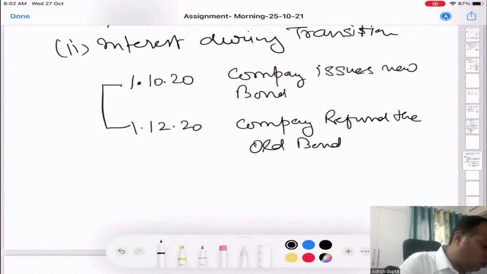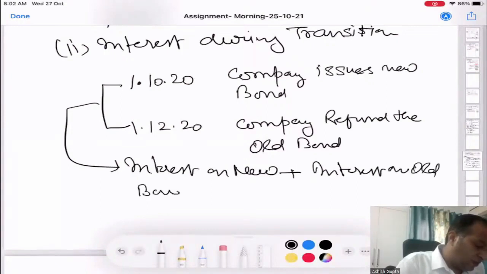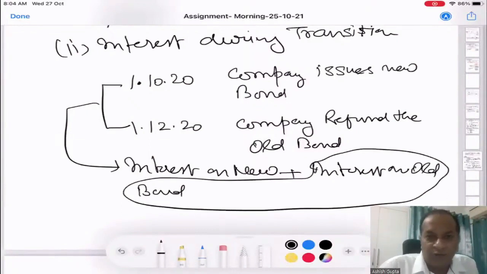So this is during 2 months. The interest burden will be interest on new plus interest on old. So this extra burden will be additional cash outflow. Okay, you got this point.